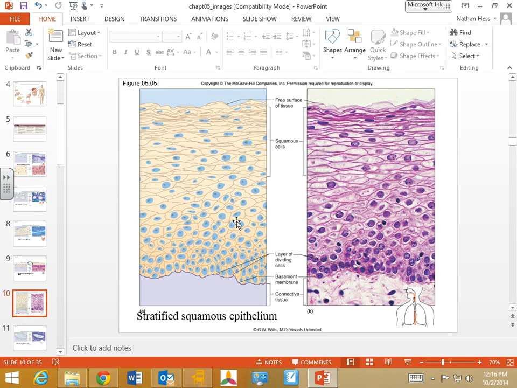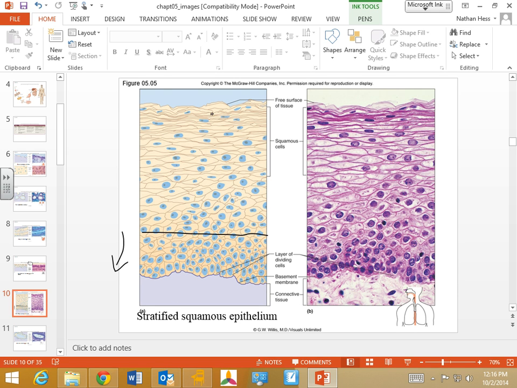Okay. You can see very obviously, right, that these are multiple layers of cells. In truthful honesty, the only cells here that are actually living are probably about these guys below that line.